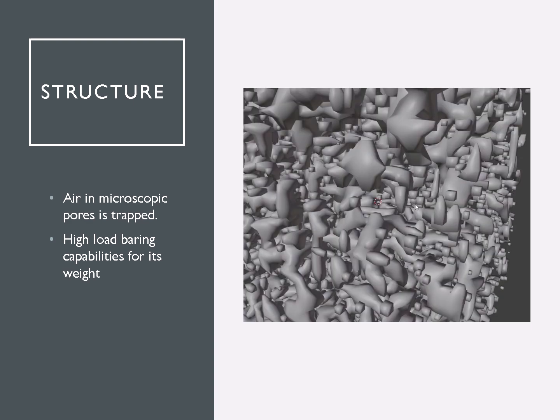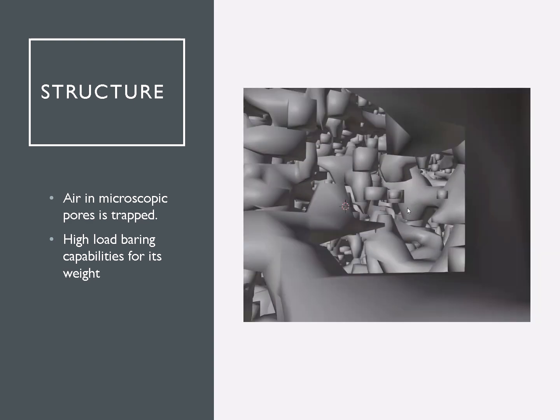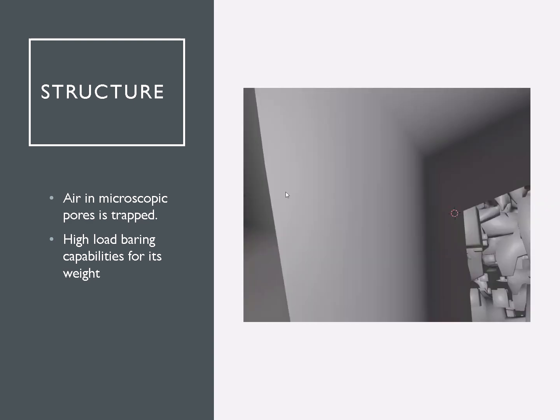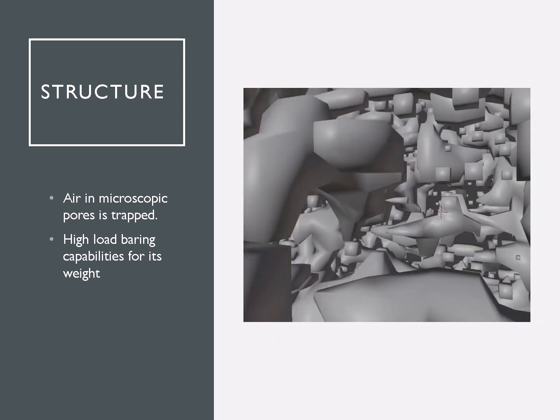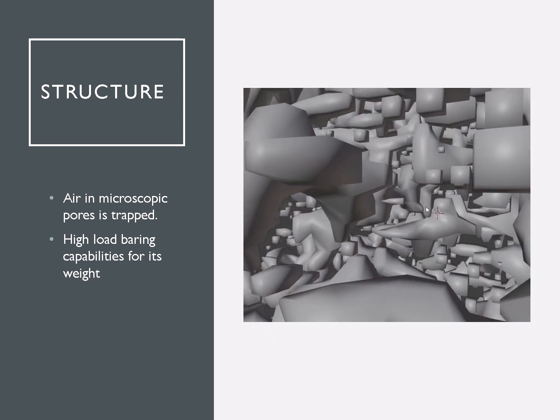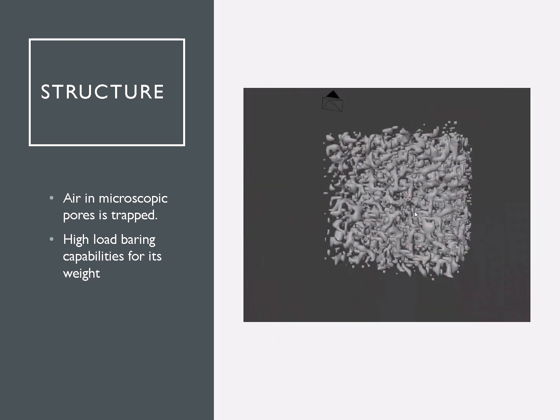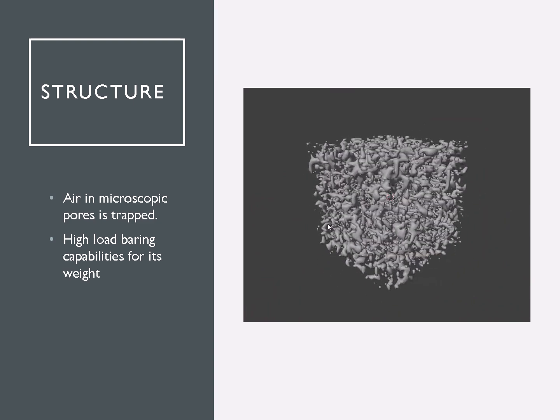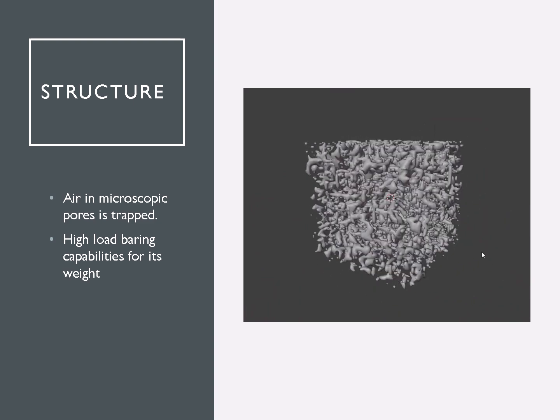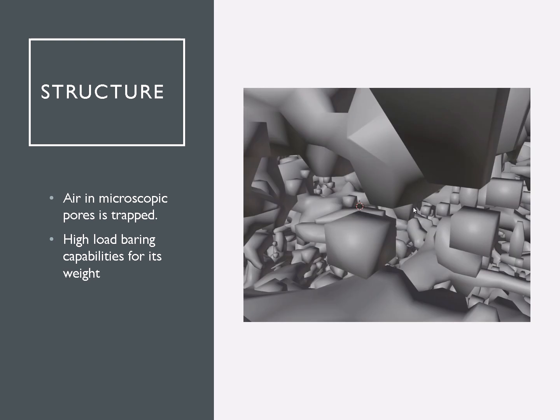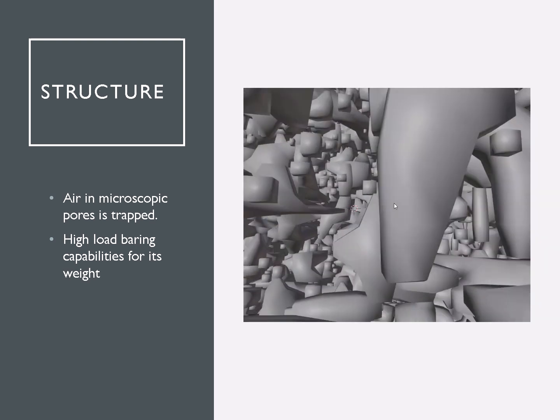Aerogel obviously has a very unique structure, and while its solids are very poor conductors, over 90% of its volume is just air. This air is trapped within microscopic pores that are formed by the solids.